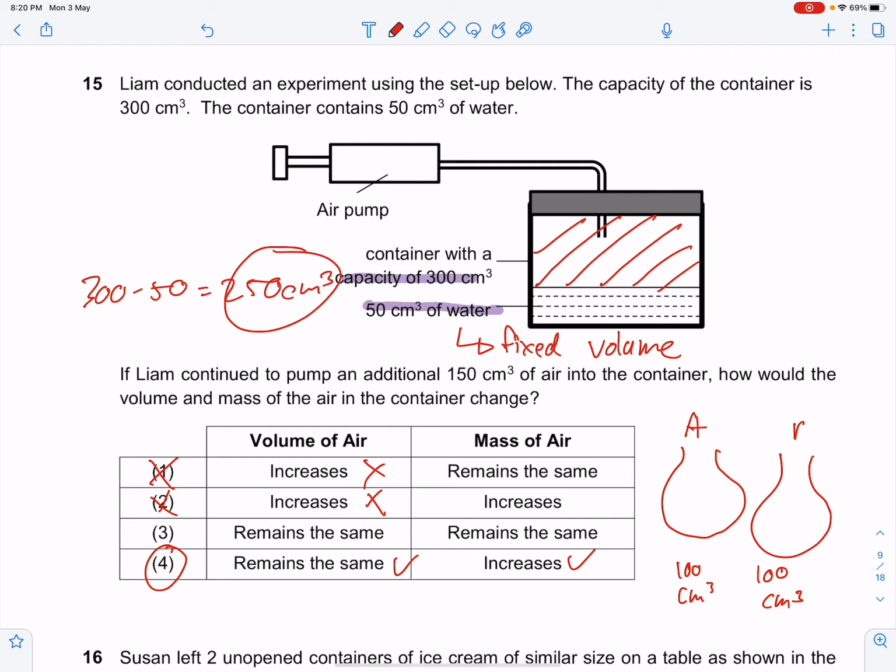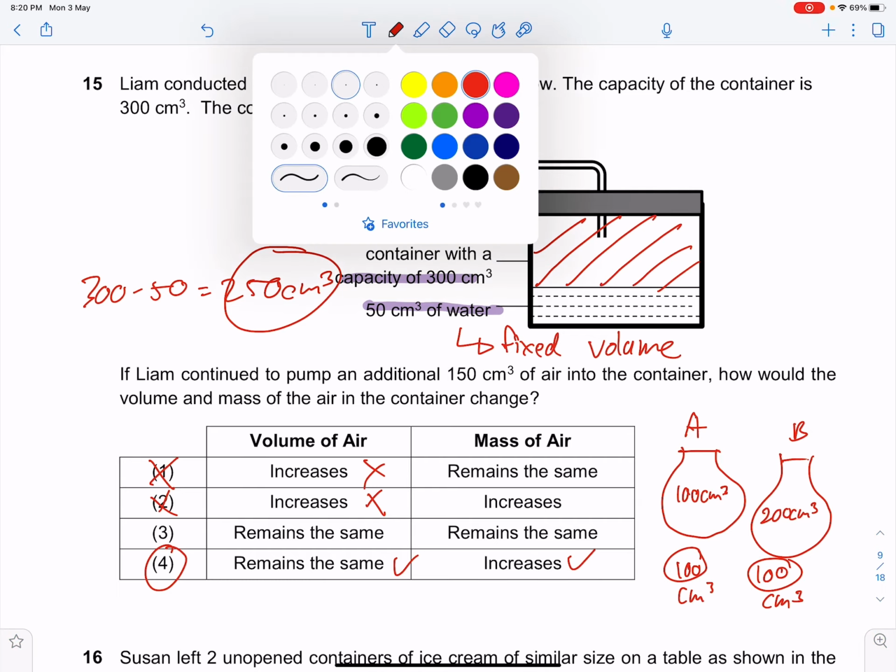This is A and this is B. So what happens is that if I pump in, say, 100 cm cube of air inside container A and 200 cm cube of air into container B, and then I seal it up, of course, the final volume is still going to be 100.